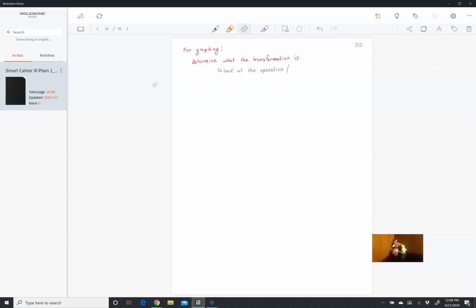Okay, in other words, plus or minus, multiplication or division, or just a negative sign. Okay, so you're going to look at the operation, and you're going to look at whether it changes x or y. And then you're just going to perform that transformation on the points.